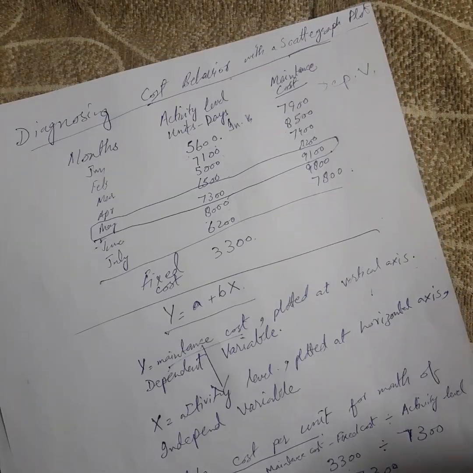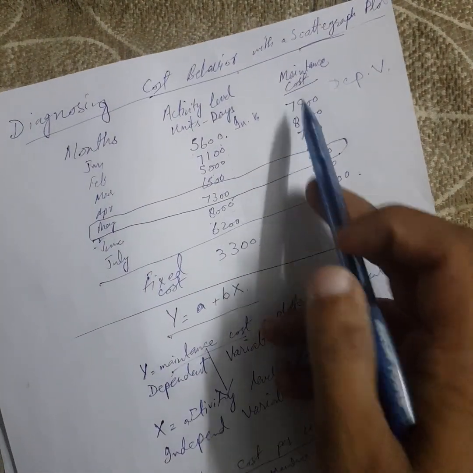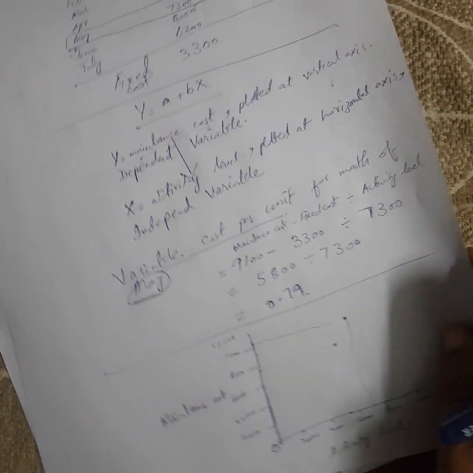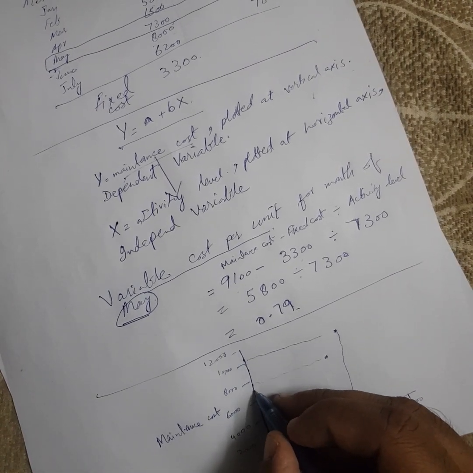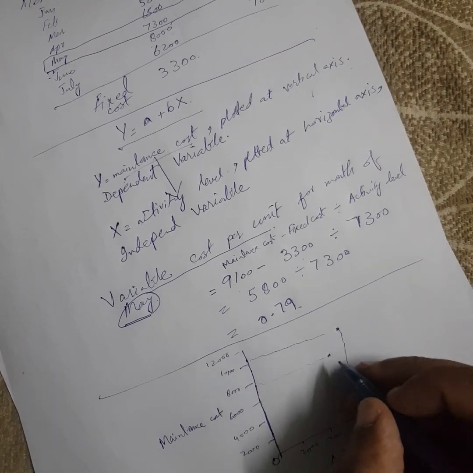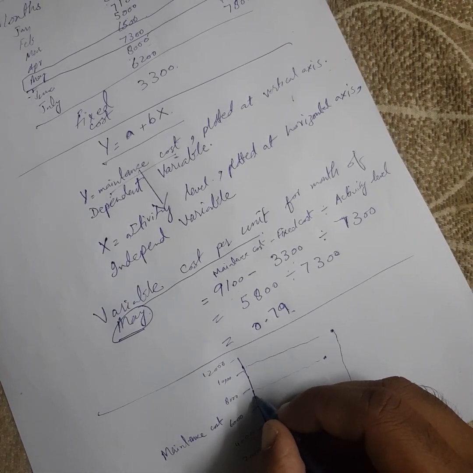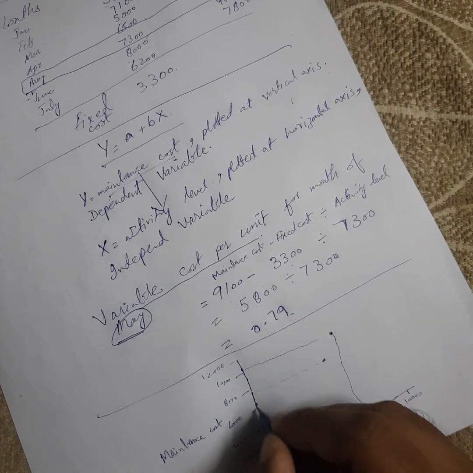For the third point, March activity level is 5000 and maintenance cost is 7400. So the 7400 amount will come almost here at this side.